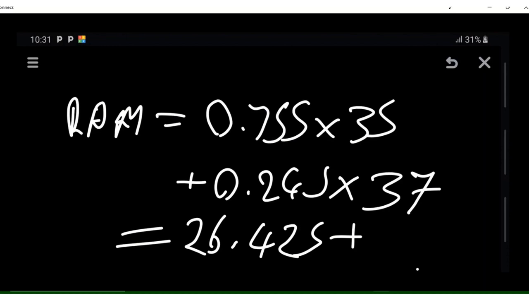So now you are multiplying 0.245 by 37, which gives 9.065.